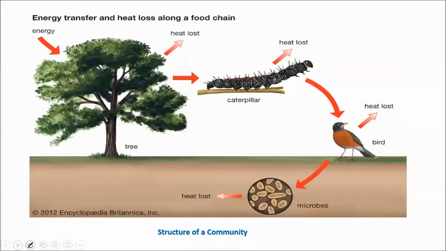Okay, so we have this energy transfer and heat loss along a food chain. So in an ecosystem, the sun is the primary source of energy on Earth. Sun.